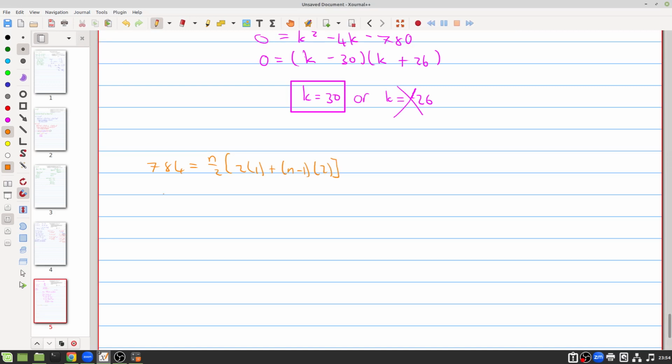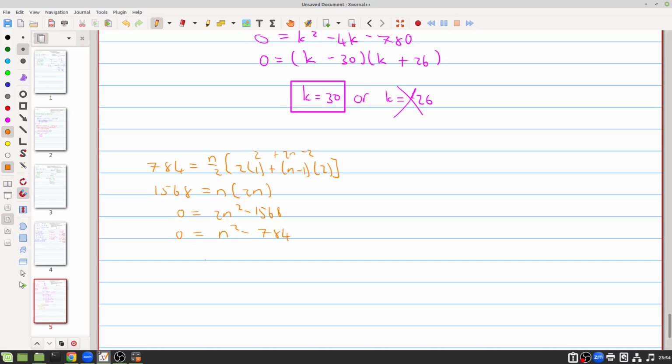So just use n. 1568 equals n, and in here it's going to be 2 plus 2n minus 2. Yeah, the 2 and minus 2 cancel out, so it's just 2n. So then we get 0 equals 2n squared minus 1568. Let's divide by 2. So n squared minus 784 equals 0.